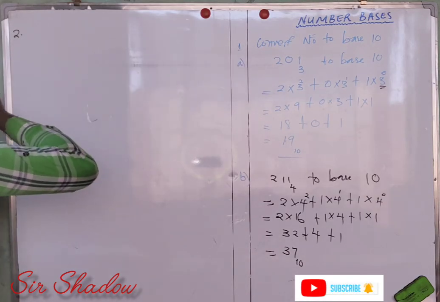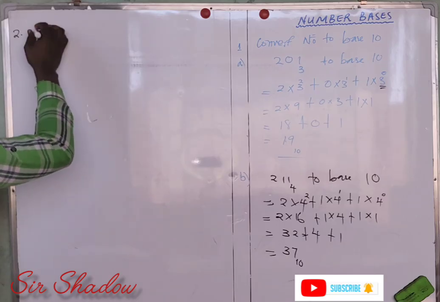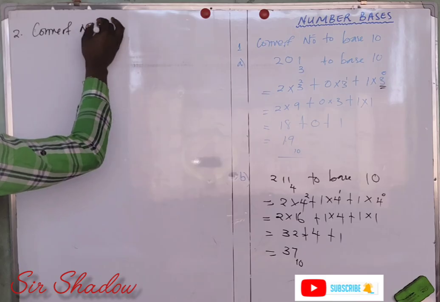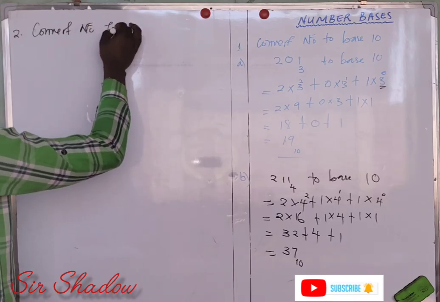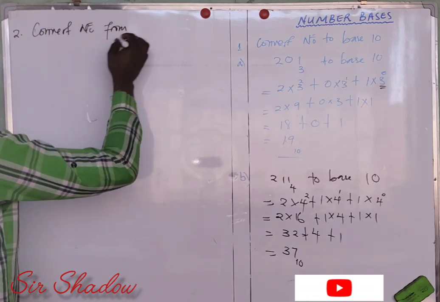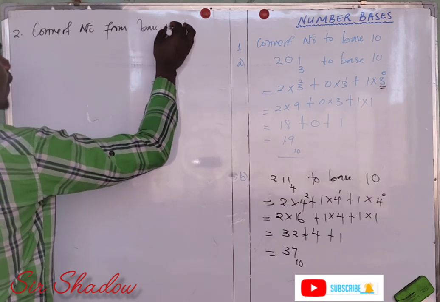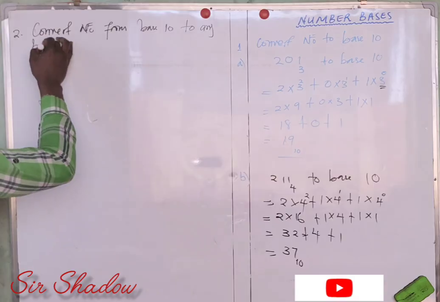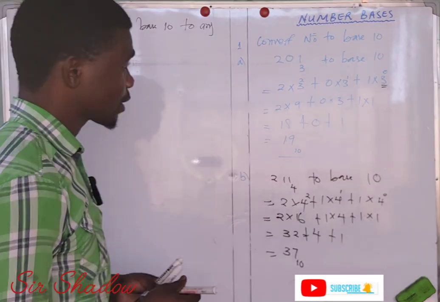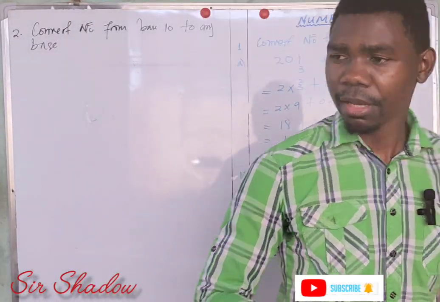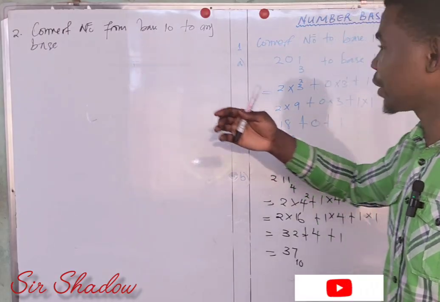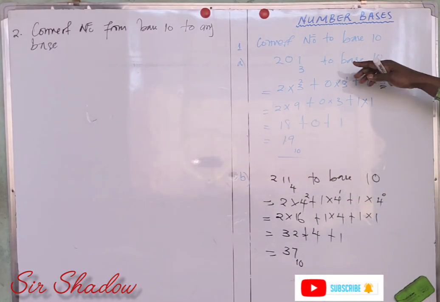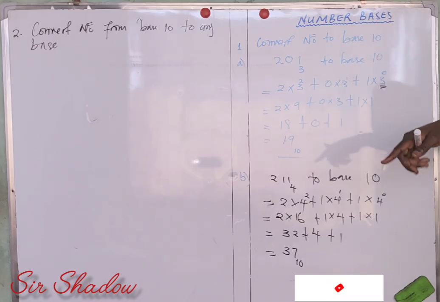We are going to convert numbers from base 10 to n base, right? On this concept, we are going to convert numbers from base 10. Now it's vice versa. Just before, we were converting numbers from n base to base 10.